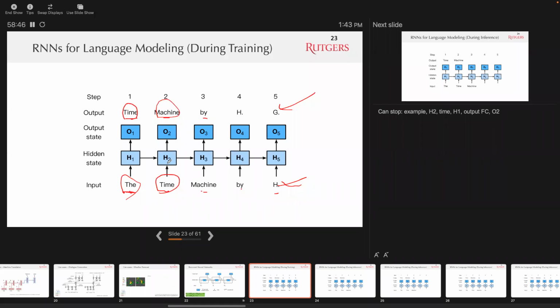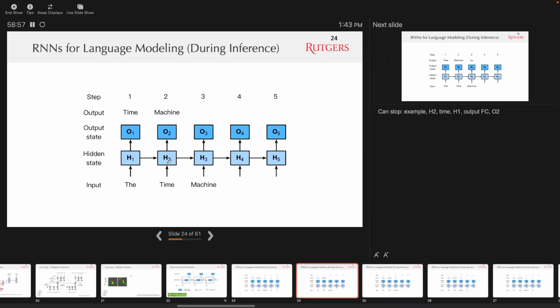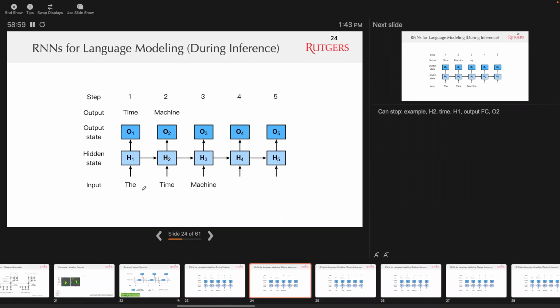And how about inference? The inference part is a little bit different, because what we want is to generate in an auto-regressive way. Let's say the task is that we're given the first 3 words, the time machine, and we're going to complete the sentence.